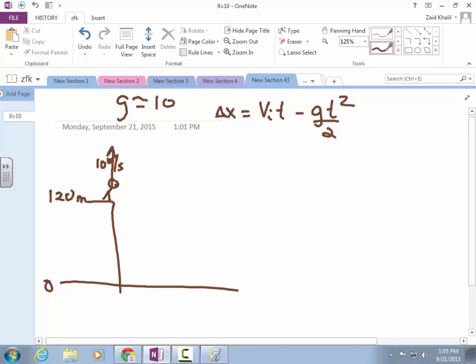But let's actually solve this. So, what's the displacement? Well, how do you find displacement? Casey's looking at it like, I think I know it. What are you thinking?